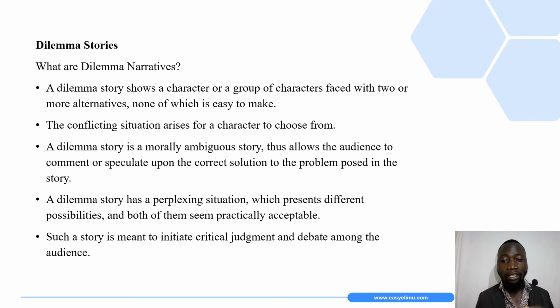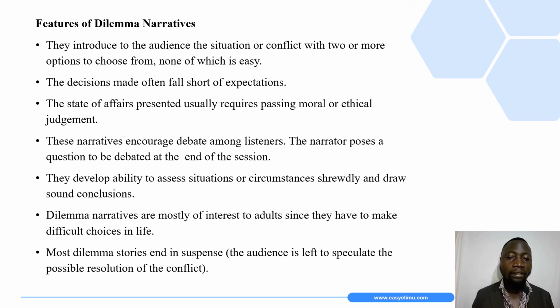So that is what a dilemma narrative is. How about we look at some of the features of these narratives. Dear students, some of the features of dilemma narratives are as follows.